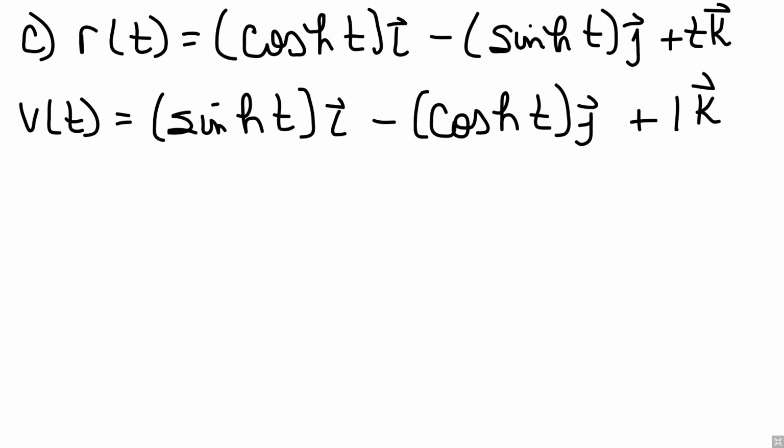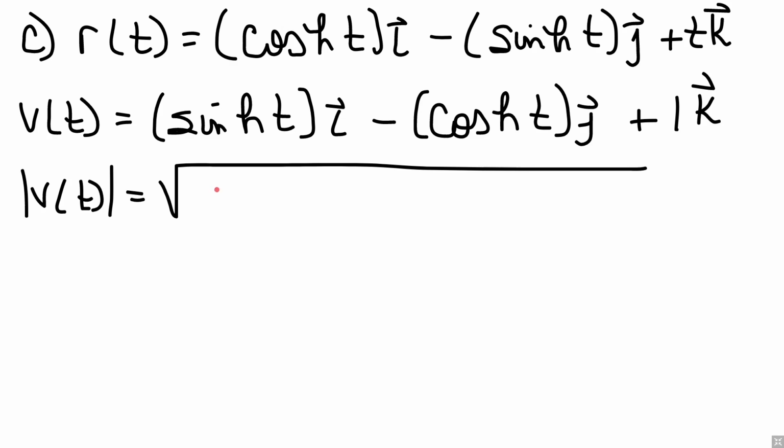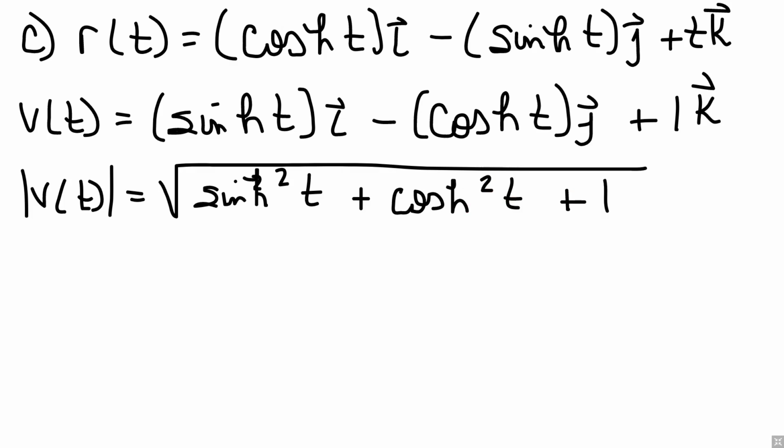All right, so next we need the magnitude of this. So if we do the magnitude, we're going to have the square root of hyperbolic sine squared of t plus hyperbolic cosine squared of t plus 1. Any questions there?